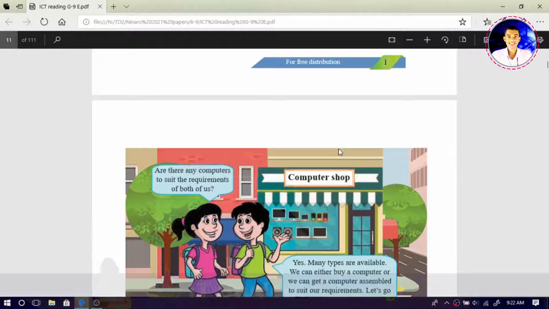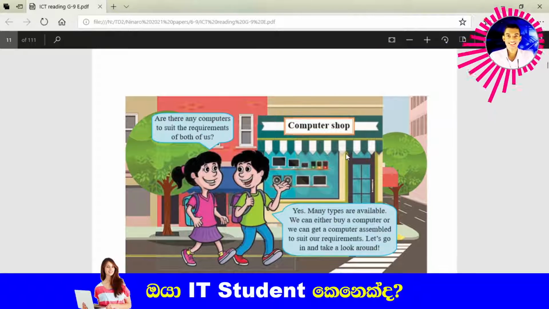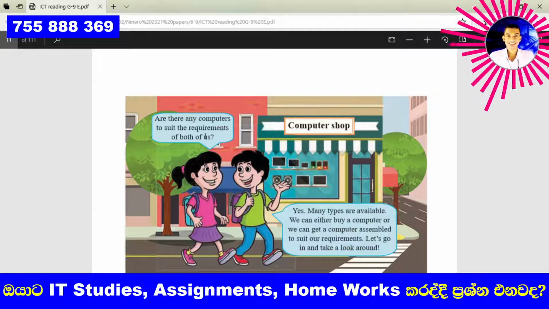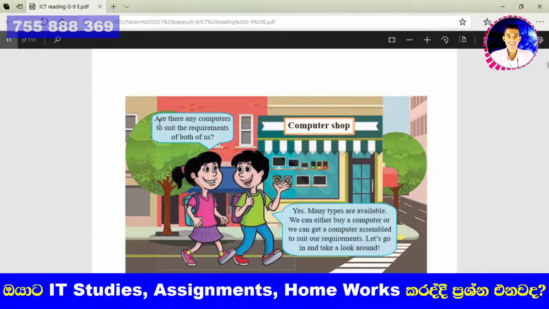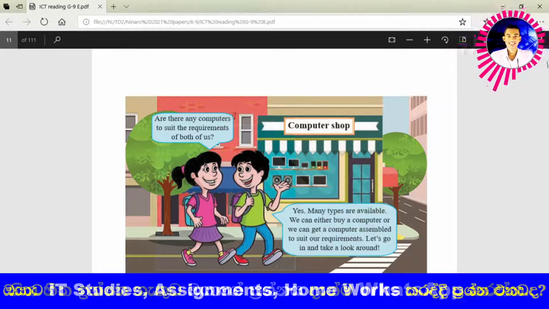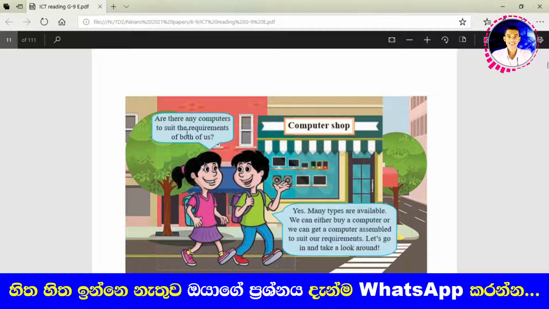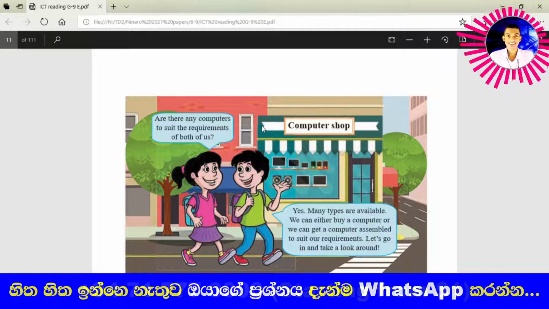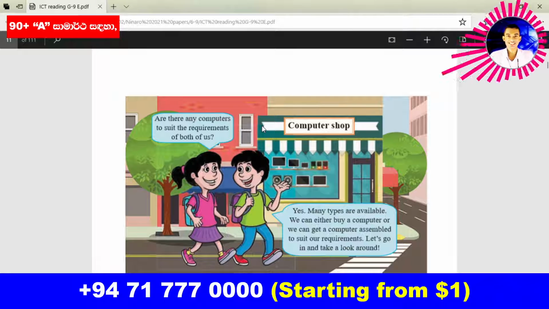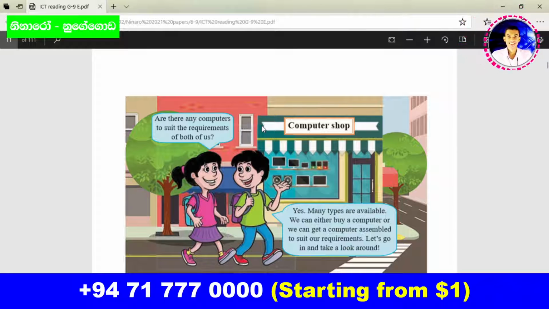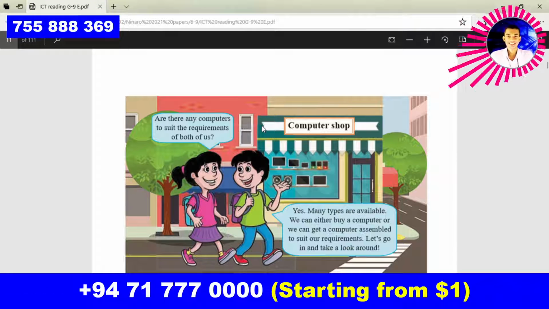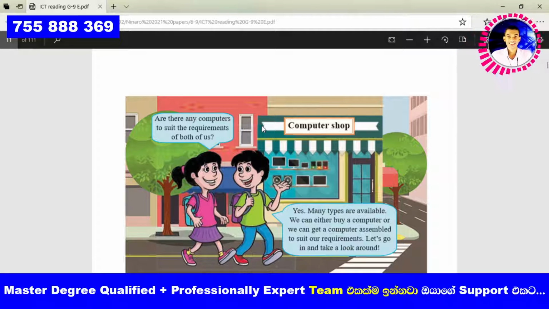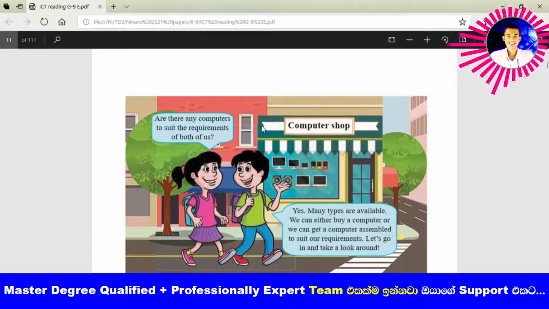Okay. In the next cartoon image, the girl is asking, are there any computers to suit the requirements of both of us? If I ask this question of you, what is your answer? Yes, actually, if both of them buy a laptop computer, then both of them can complete their requirements.